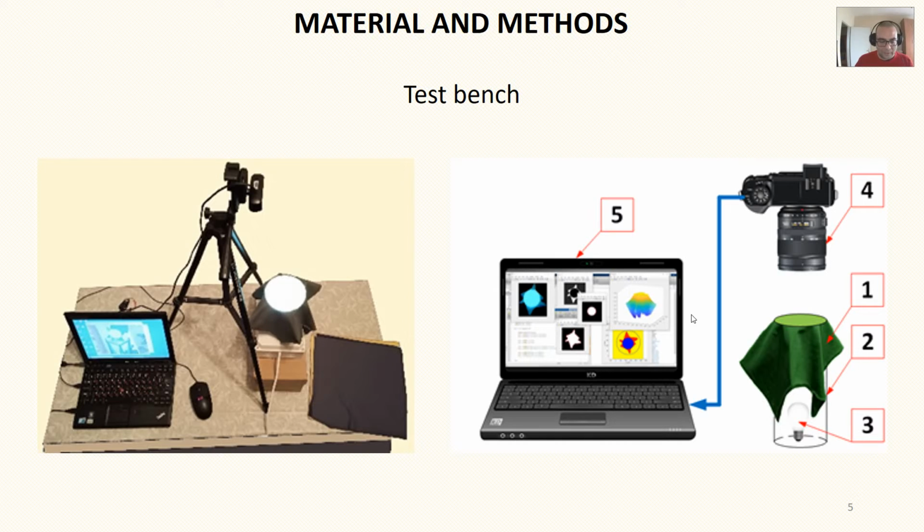A video camera, position 4, was used for obtaining drape images. The distance from the video camera to the sample is 32 centimeters. Color digital images of draperies were taken with a resolution of 800 by 600 pixels.